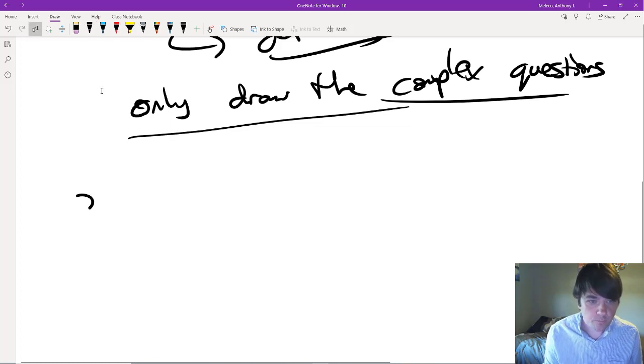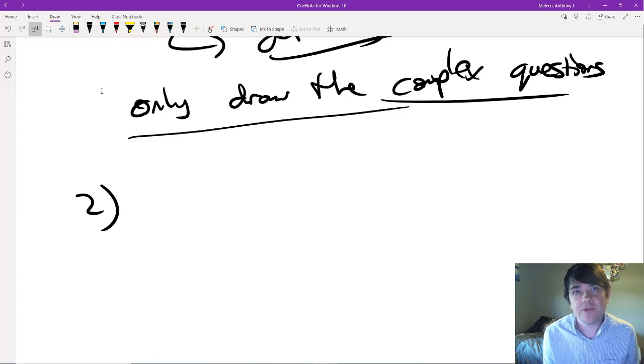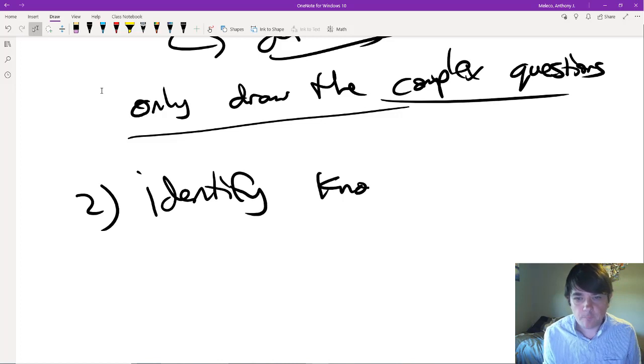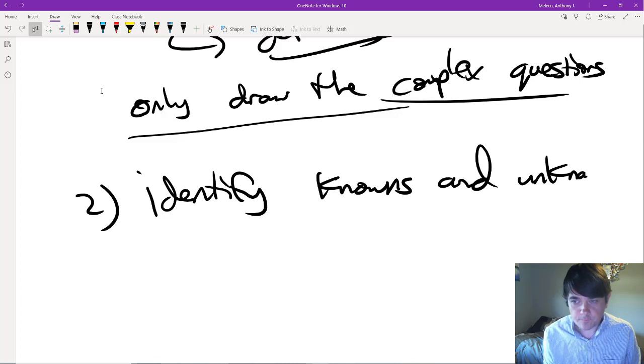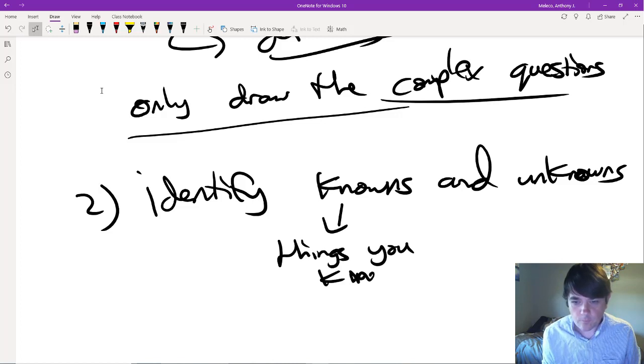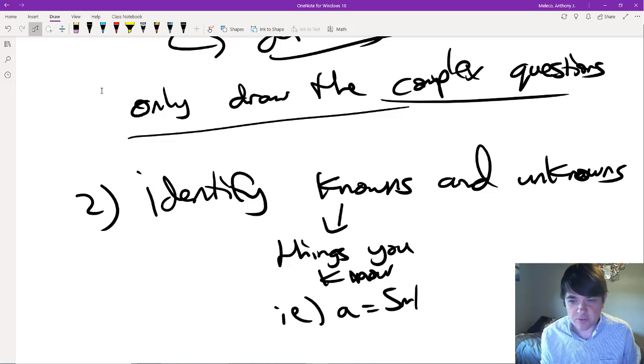Number two, and this is not exclusive to these problems, but it's really well known: you want to do what's known as identifying knowns and unknowns. Knowns are things that you know, i.e. the acceleration's 5 meters per second squared or something, right?